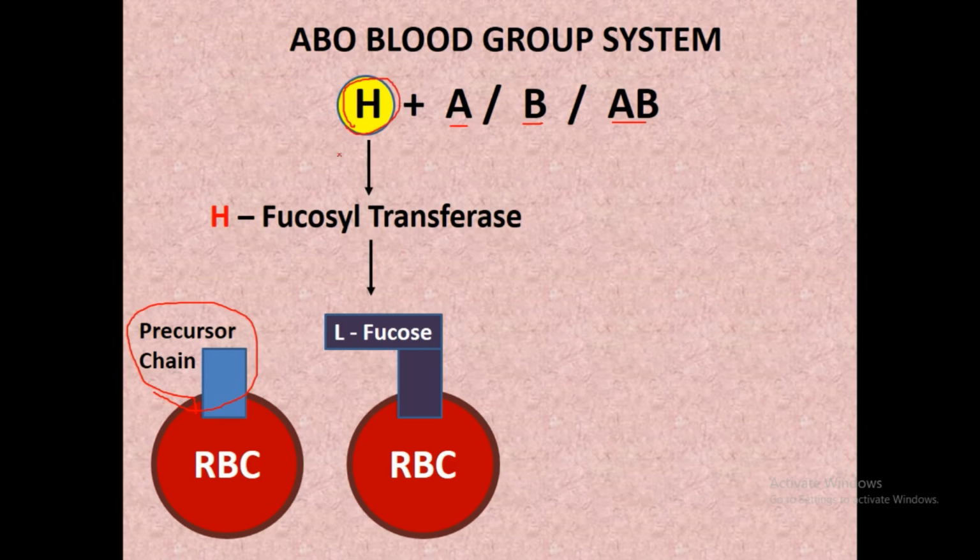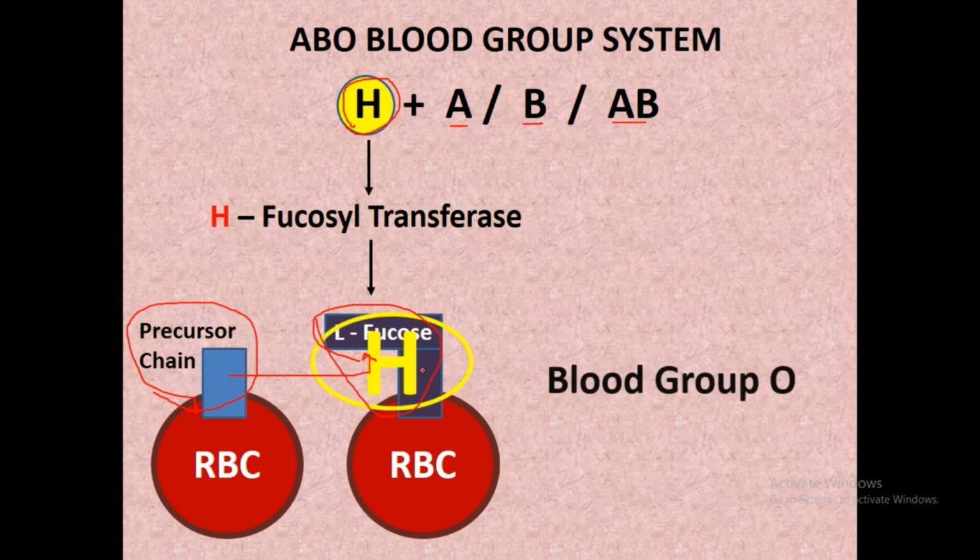The H gene encodes the fucosyl transferase enzyme which transfers L-fucose to this precursor chain. So this whole substance is known as H substance. L-fucose plus precursor chain together is known as H substance. And the person having blood group O has that H substance on the surface of the RBC.